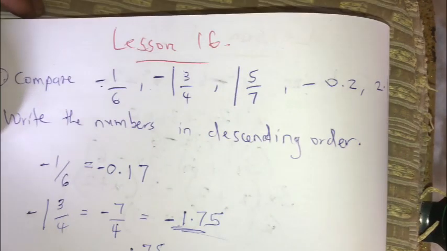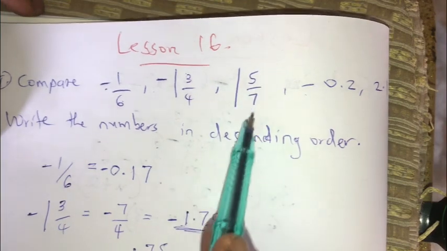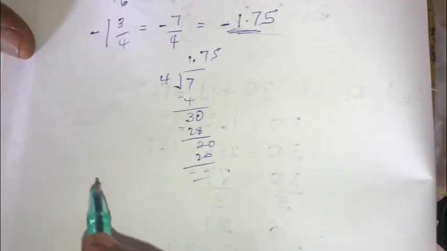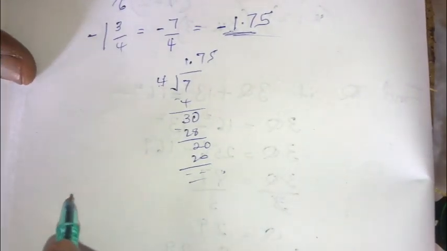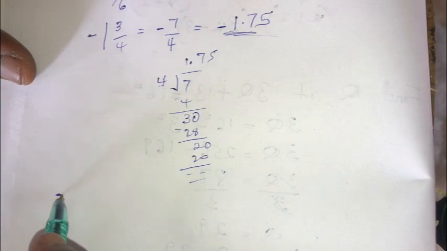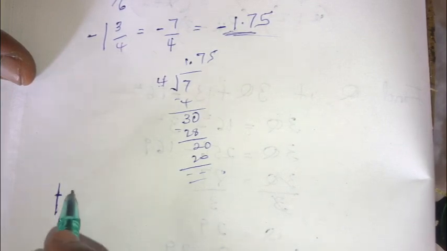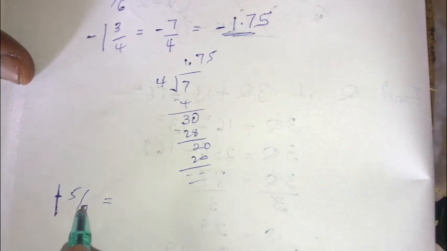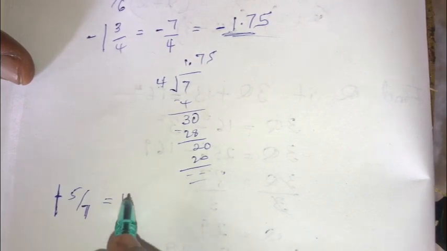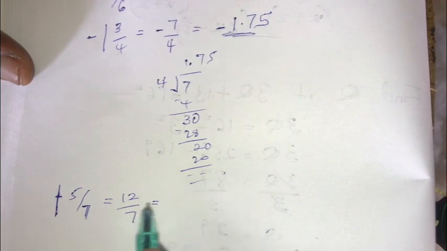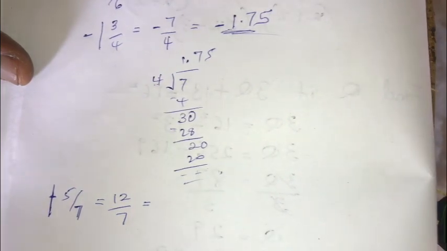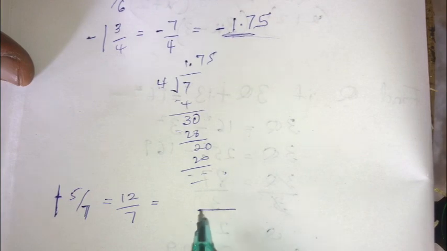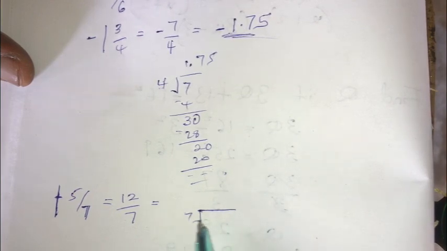So that's -1.75. Then 1 5/7. Change that to a decimal. Okay, so 1 5/7. Change it to an improper fraction, 7 plus 5, 12. So 12/7. 12/7 into decimal form. Punch it into your calculator. 7 into 12, 1.